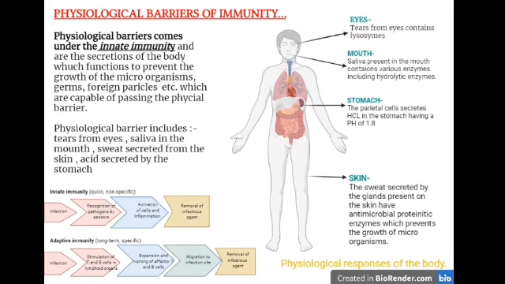Third, in the stomach, the parietal cells, also called the oxyntic cells, secrete HCl, which has a pH of 1.8. The acidic effect of HCl in the stomach makes it difficult for most of the microbes and bacteria that have entered into the body to survive, and hence prevents microbial growth.